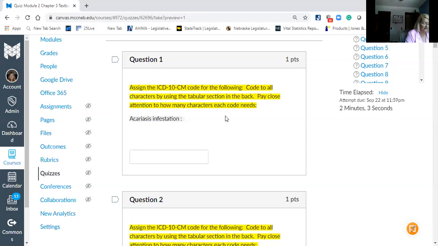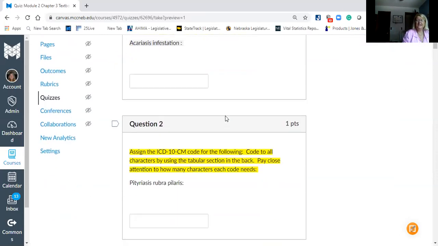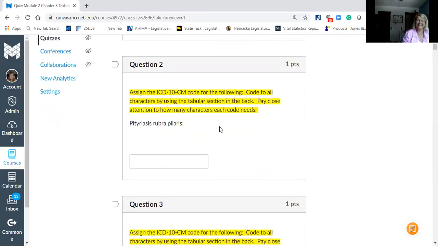Great, so do we have four? Yes, we do. Don't worry if it doesn't say acariasis infestation, because it says infestation at the top, and it says other because ours is not in there. So we're going to do B88.0. And I didn't tell you the answer, we walked through it, okay?